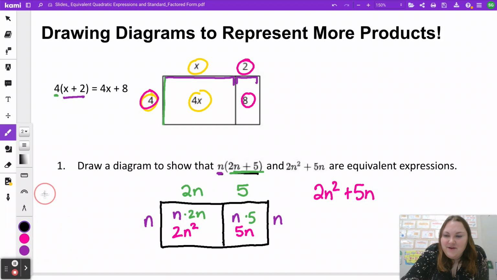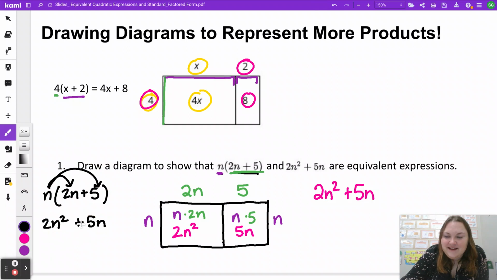If I gave you n times 2n plus 5, you could distribute and say n times 2n is 2n squared, and n times 5 is 5n, and get the same answer using distributing. So to specifically name what we're doing here, there are 2 options to changing n times 2n plus 5 into 2n squared plus 5n.